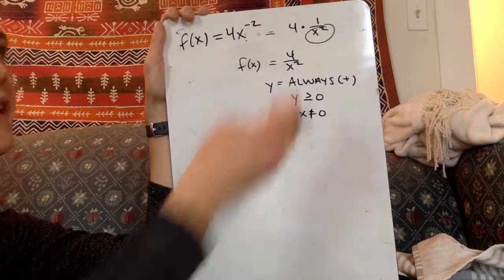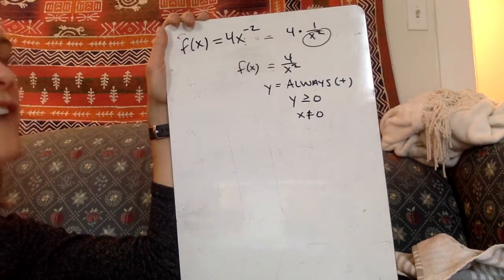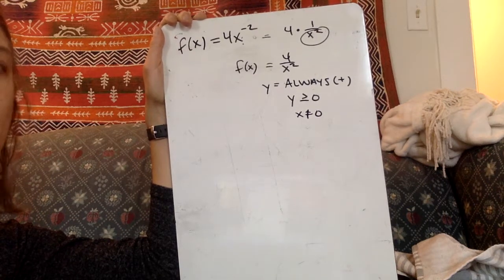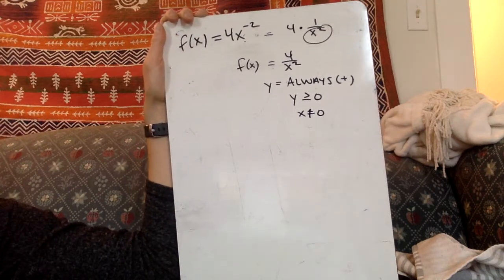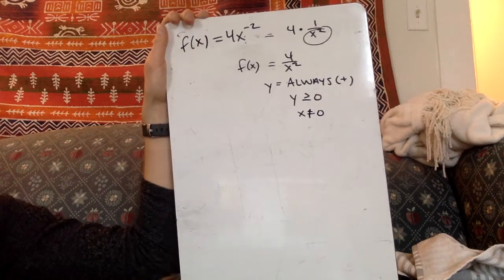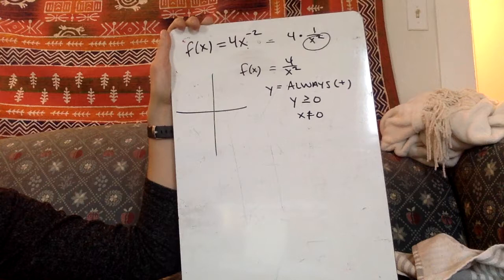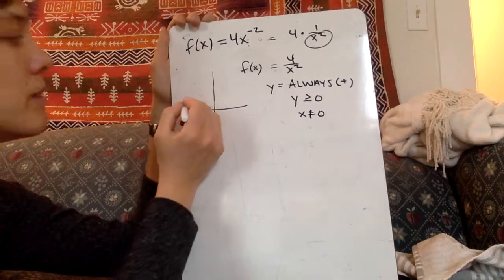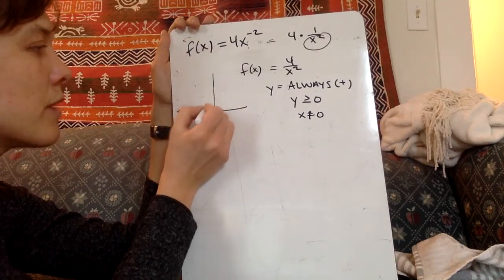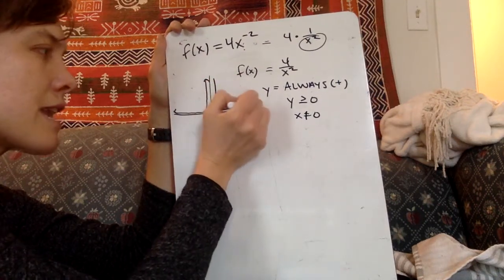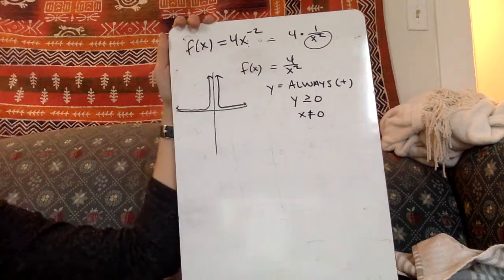So if I put in any negative number for x, it's still going to give me a positive y because I have a square there, a power of 2, an even power. And so if I was to graph this, and I'm just going to do a quick sketch here because I want you to be doing this on Desmos, I'm going to have my reciprocal function, and it's going to look something like this.